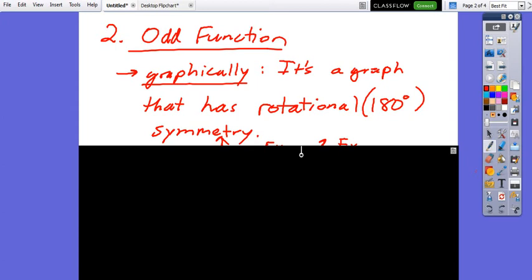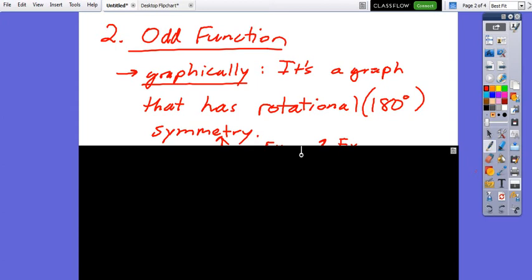One example of an odd function is the cubic function. Visualize this function. It looks like a propeller for an airplane. If I were to flip it upside down, it would look exactly the way it does right side up. That would be a rotation of 180 degrees. Anytime you can rotate an object about some point, the point of rotation, 180 degrees, and it lands back on itself, that's an odd function.